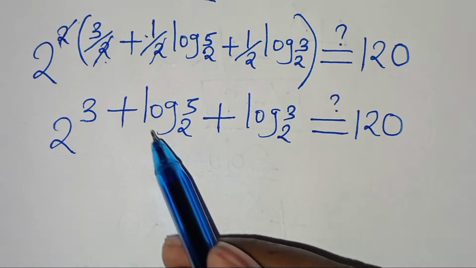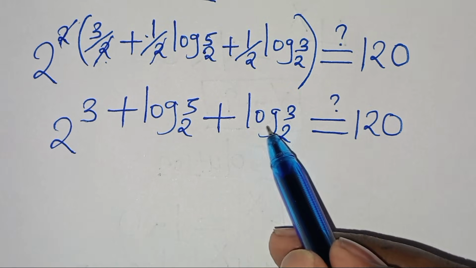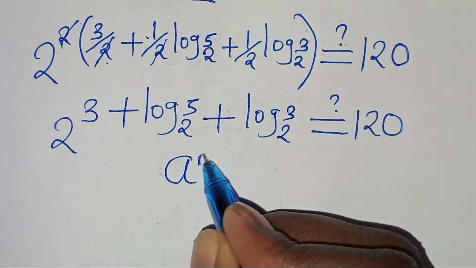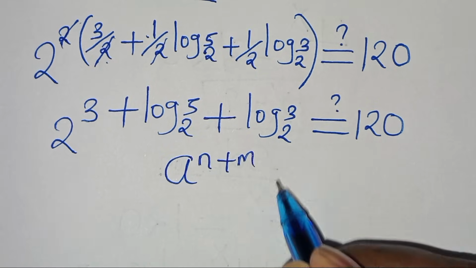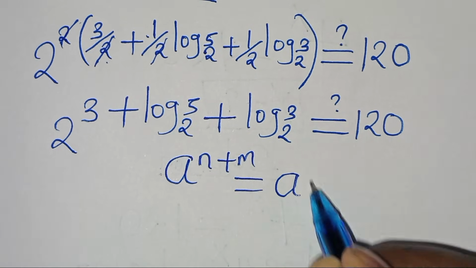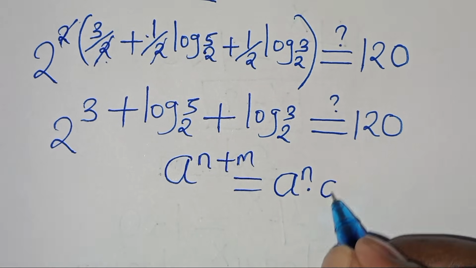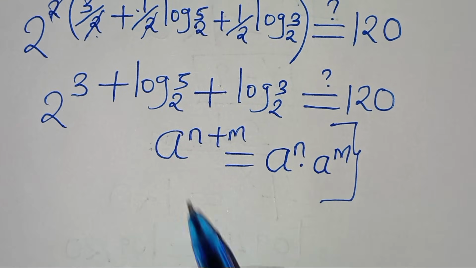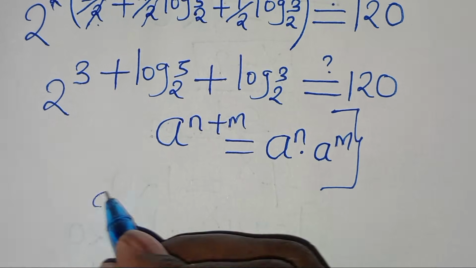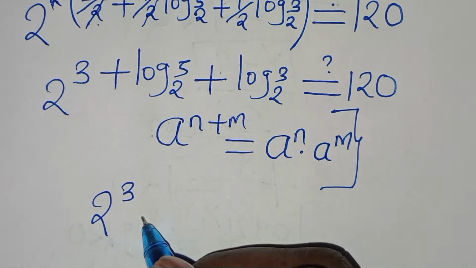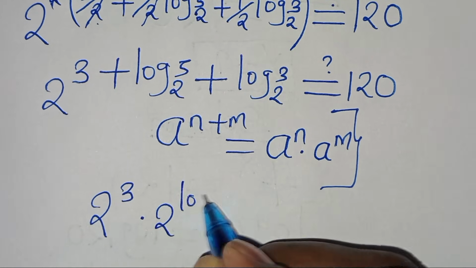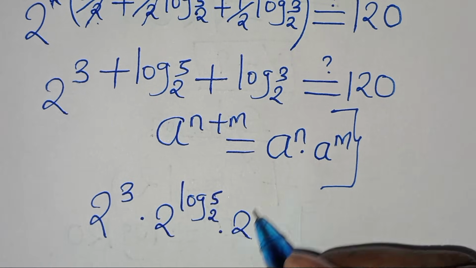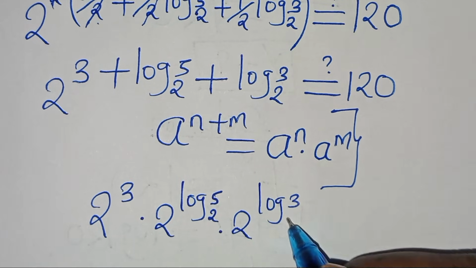2 to the power of 3 plus log 5 to base 2 plus log 3 to base 2. This is in the form of a to the power of n plus m, which can be expressed as a to the power of n multiplied by a to the power of m. Applying this property, we have 2 to the power of 3 times 2 to the power of log 5 to base 2 multiplied by 2 to the power of log 3 to base 2.